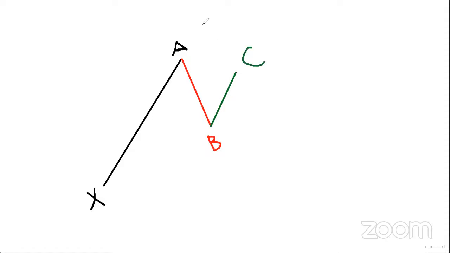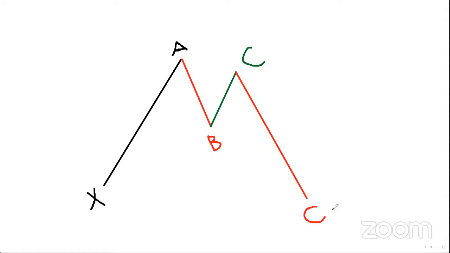Then from this very point, the market goes downwards, just like this. And here we have what we call CD. This is where the action comes. This is the last price move. And certainly this would be in the opposite direction to BC, and it should be like a 126.2 extension of the BC move.